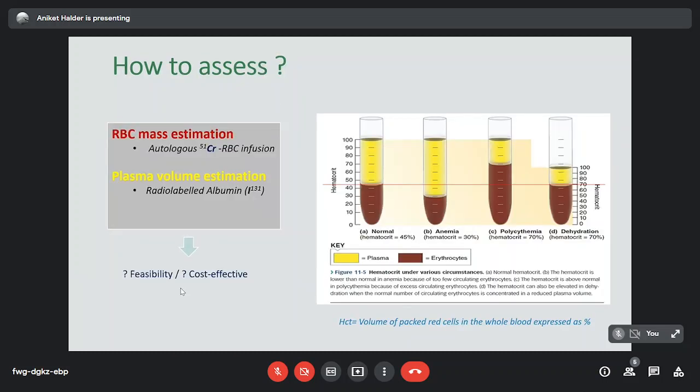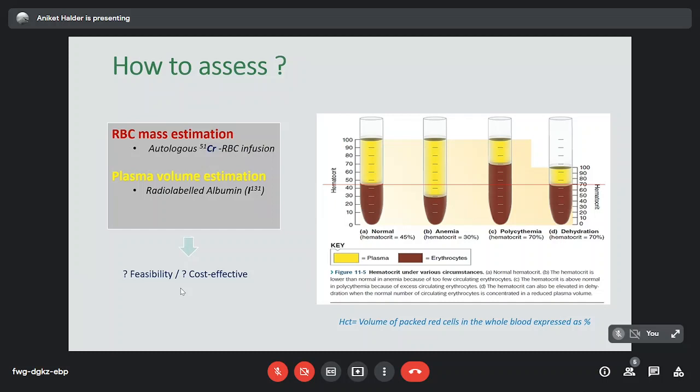Erythrocytosis, as I had said, is the increase in circulating red cell mass. So, how to assess whether a person has erythrocytosis or not? The gold standard, or the ideal way, is to estimate the RBC mass, but this is quite difficult to do. To estimate the RBC mass, we have to use radiolabeled RBCs.